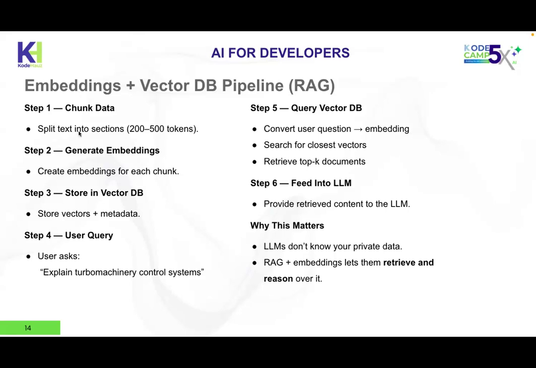The only difference is that I did not chunk the data from the beginning, right? What I did was I already had like 3 or 4 sentences. Of course, in real life, you are not going to be doing 3 or 4 sentences. It's entire documents that you will do. Generate embeddings, we did that already, right?